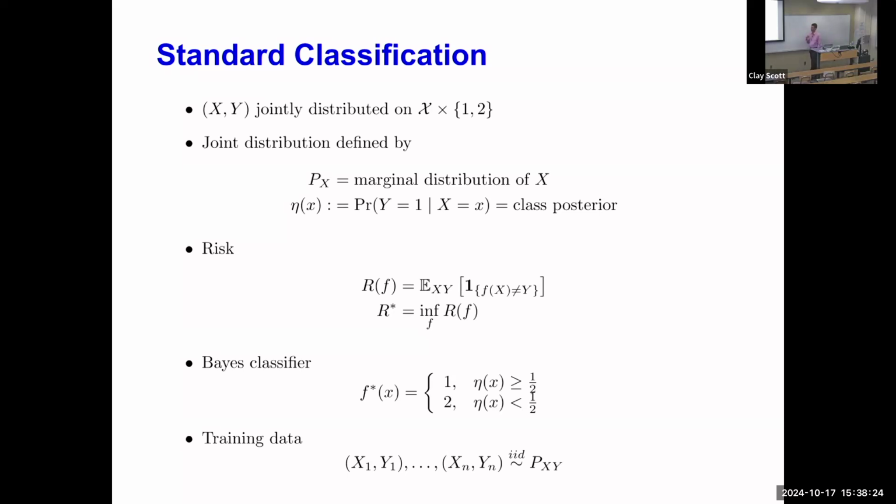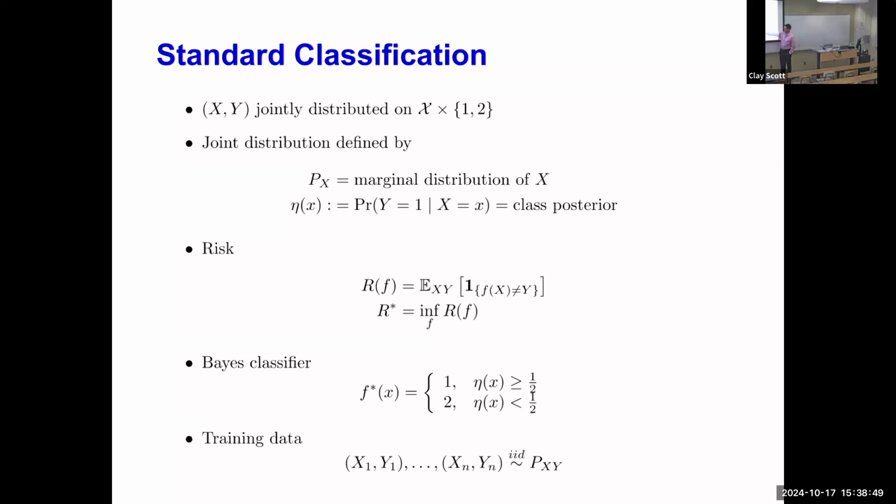Then the goal in classification is to attain a classifier with a small risk, R of F. The smallest possible value of the risk is denoted R star, and that's called the Bayes risk. It's well known that a classifier that attains that Bayes risk has this form.